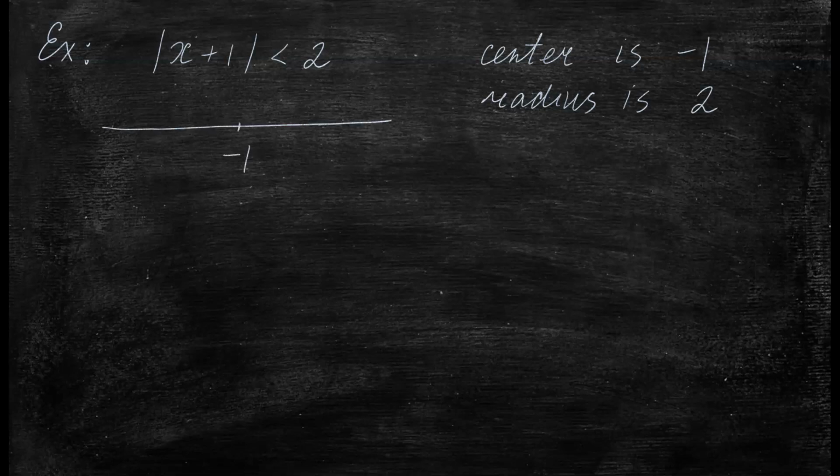So it's going to be the interval centered at -1, and we're going to be subtracting and adding 2 to -1. So -1 plus 2 is 1, and -1 minus 2 is -3. So the answer is from -3 to 1.